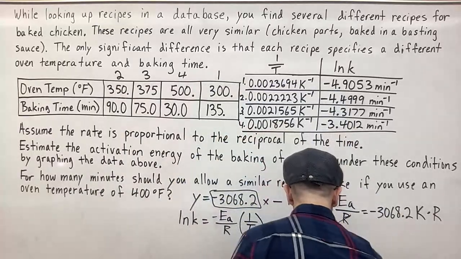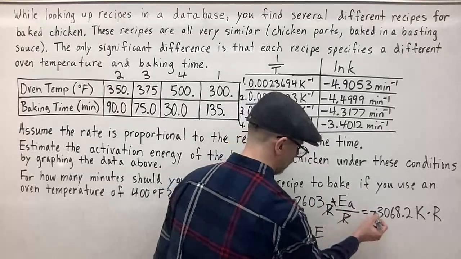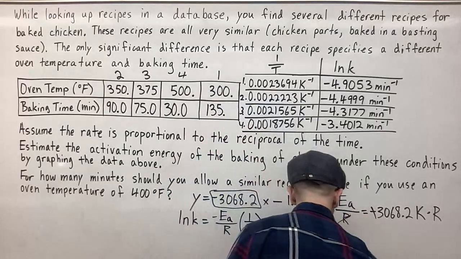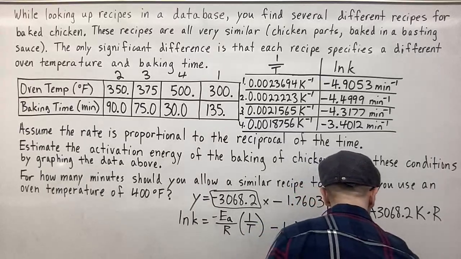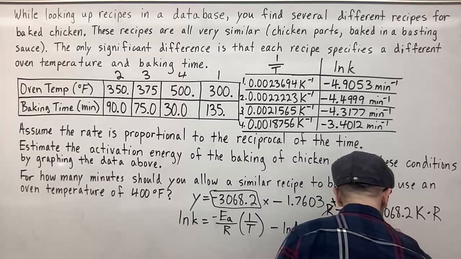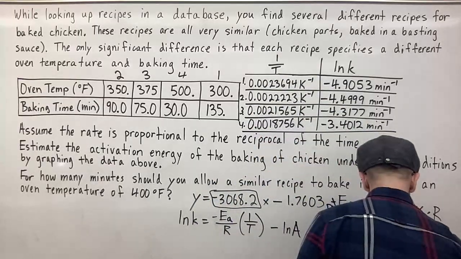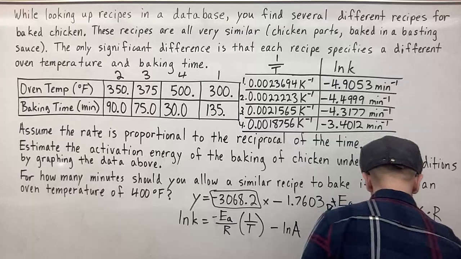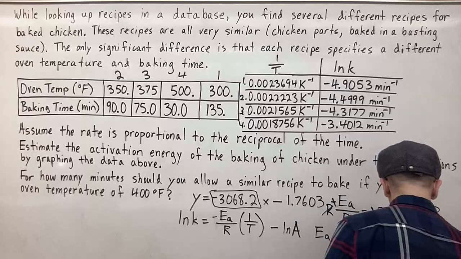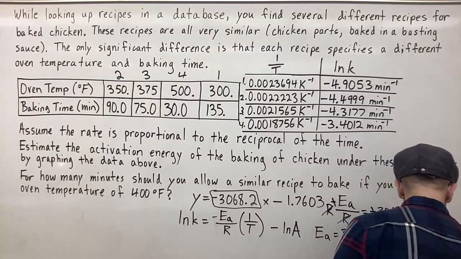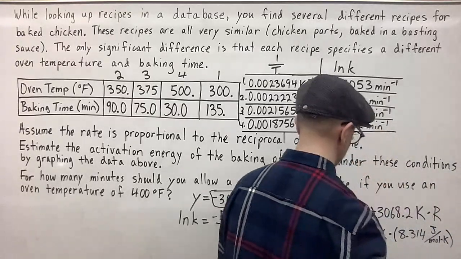So then that means that the activation energy here, and again, notice that this is negative and this is negative, so the negatives are going to cancel out. So the activation energy then becomes equal to 3068.2 Kelvin, multiplied by 8.314 joules per mole Kelvin.